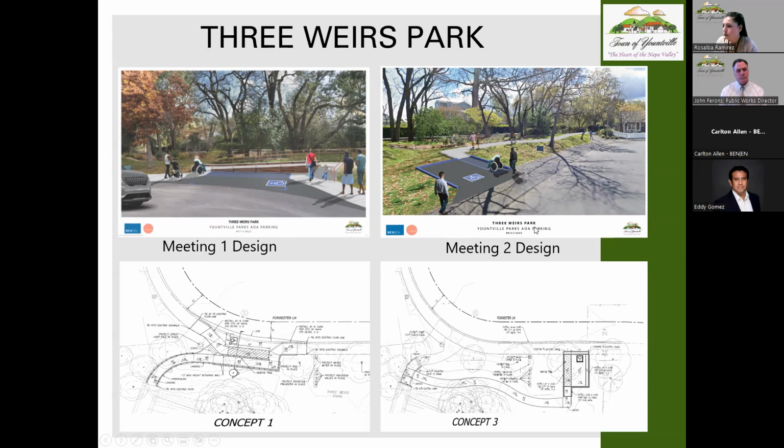But I also wanted to show the revised design from the first community meeting. So that meandering walkway through the park, this is what it's referring to. Some of the feedback we got from the first meeting was this was too industrial looking, and that if we meander it out, it would look less impactful and we wouldn't have to build this wall up and the pull-in parking.